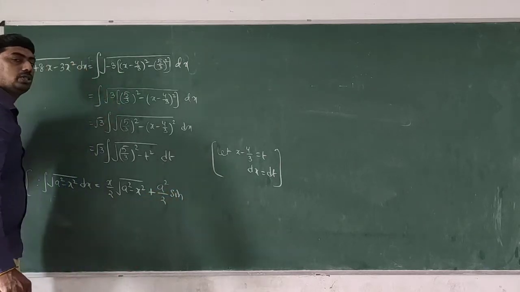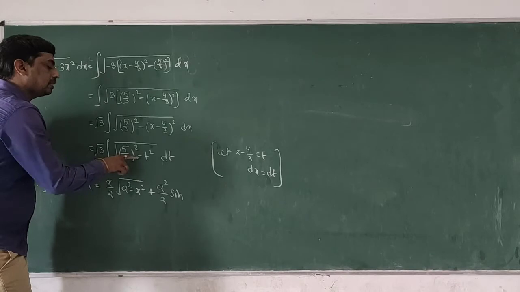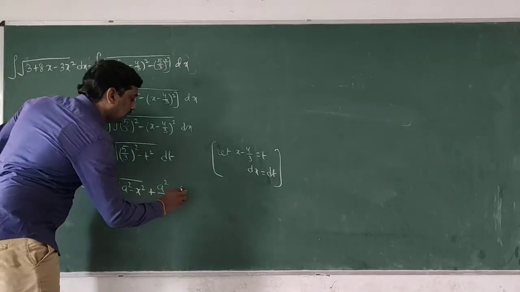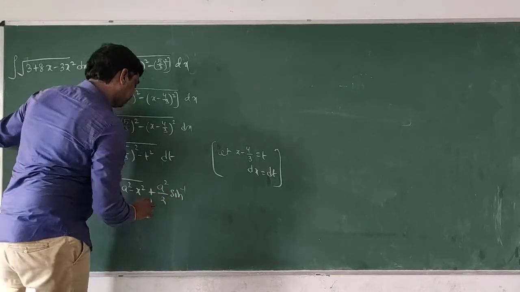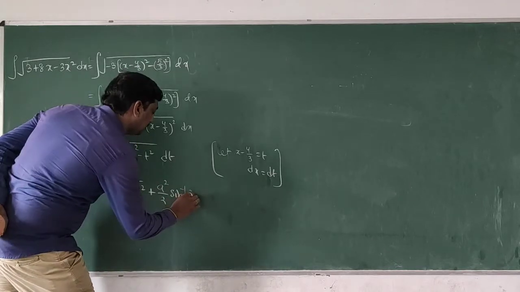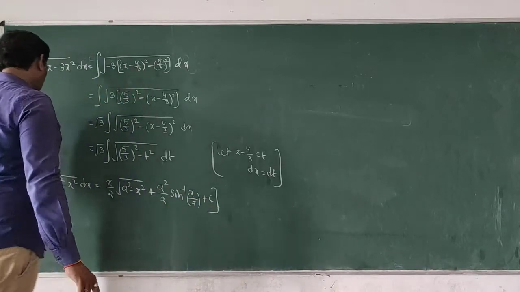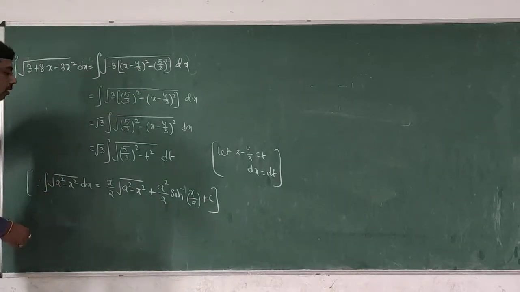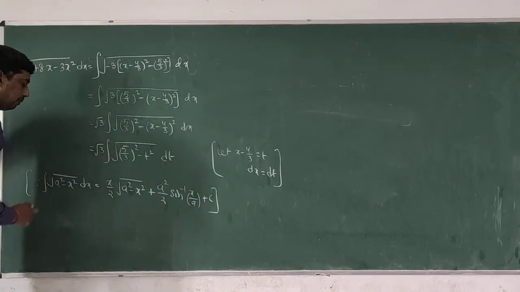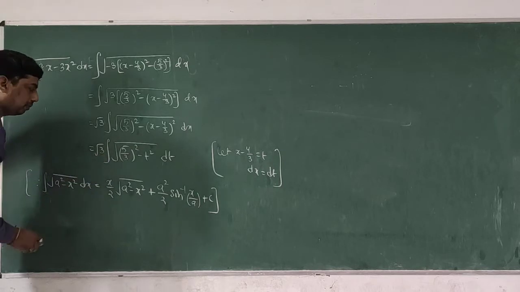Sine inverse or sine h inverse? Sine inverse. If plus is there, then sine h inverse. So in the place of a substitute 5 by 3, in the place of x substitute t.